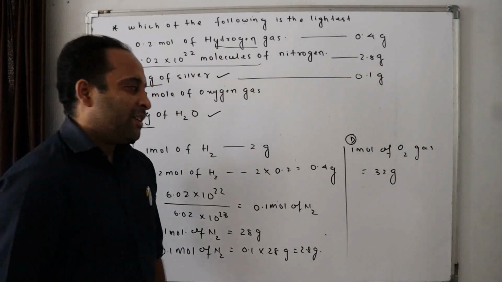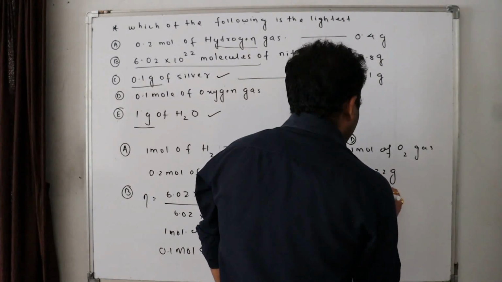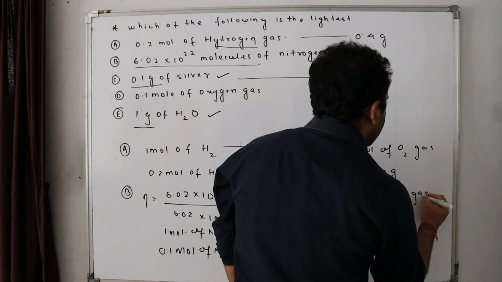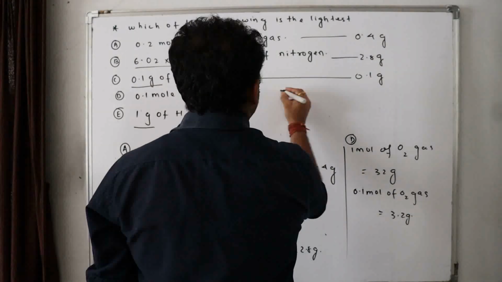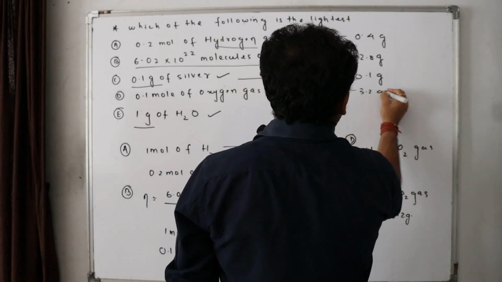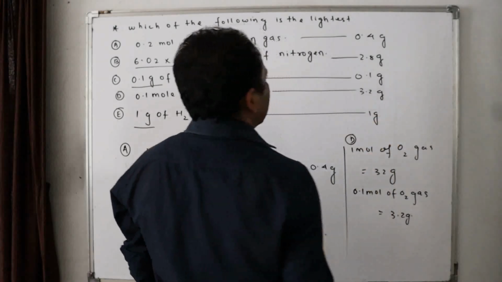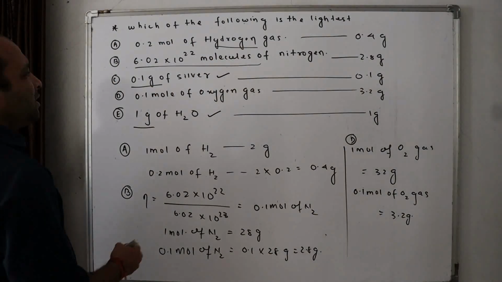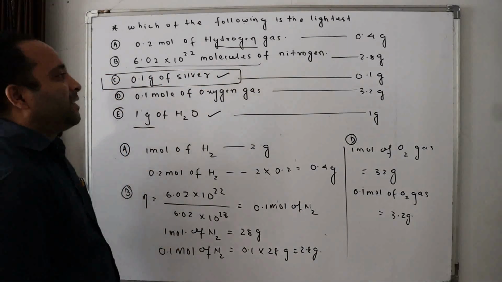Now, 0.1 mole of oxygen gas will have 3.2 grams. So this is 3.2 grams. Now, this one is already given, 1 gram. Which of the following is the lightest? The answer is C. C is the lightest, isn't it?